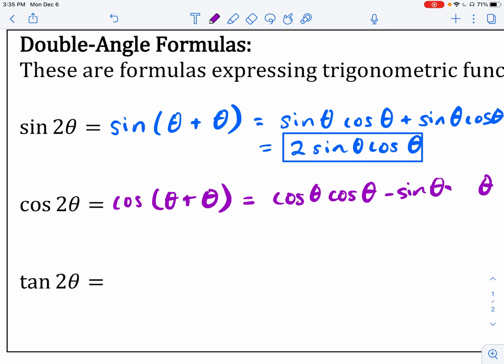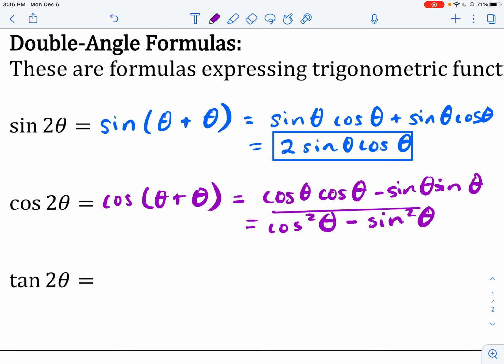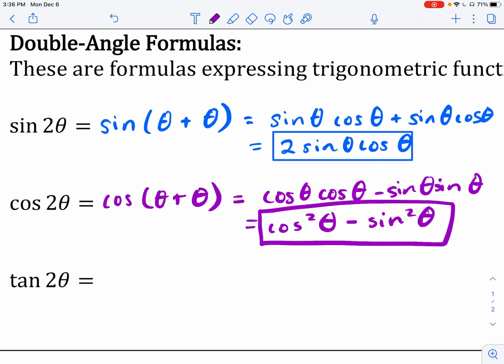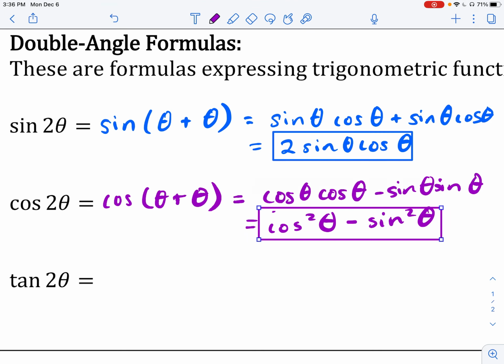We can simplify this: cosine theta times itself is cosine squared theta, minus sine theta multiplied by itself, sine squared theta. So cosine 2 theta is equivalent to cosine squared theta minus sine squared theta.